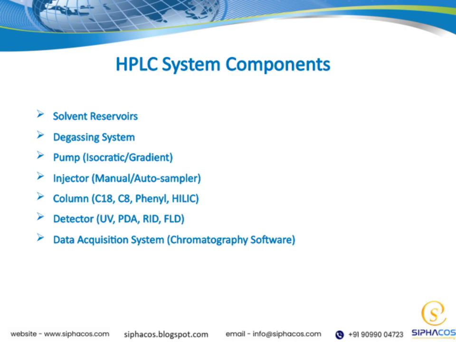Finally, all the data collected by the detector is sent to the data acquisition system, typically chromatography software, which processes and displays the results. Understanding these components and how they work together is fundamental to mastering HPLC analysis, as each part plays a crucial role in achieving accurate and reliable results.